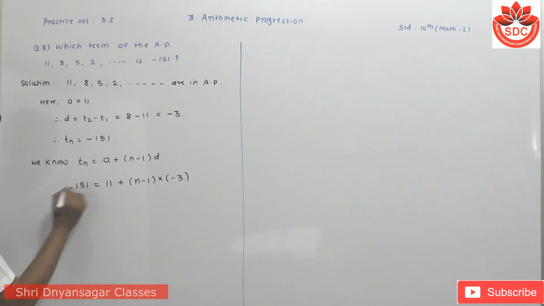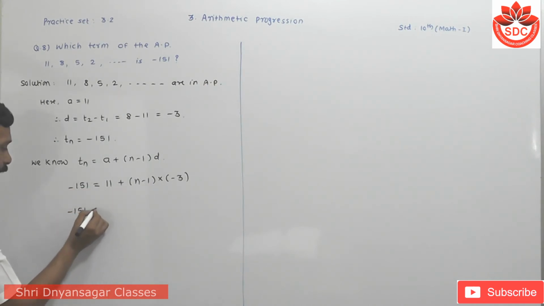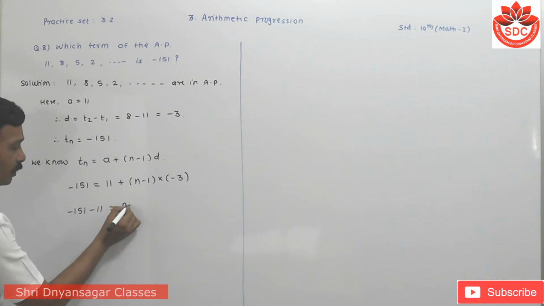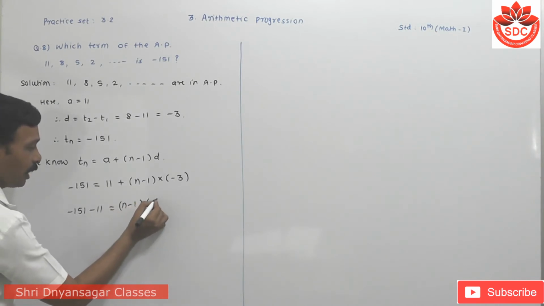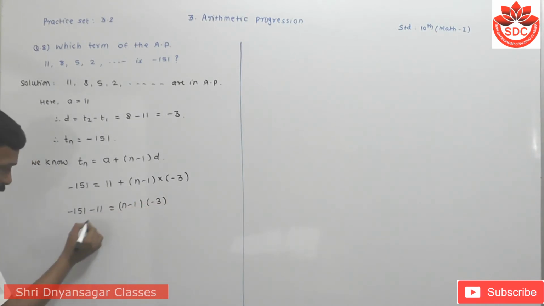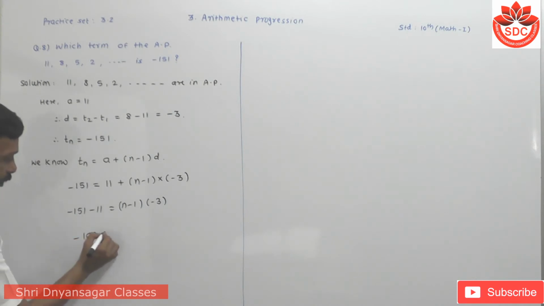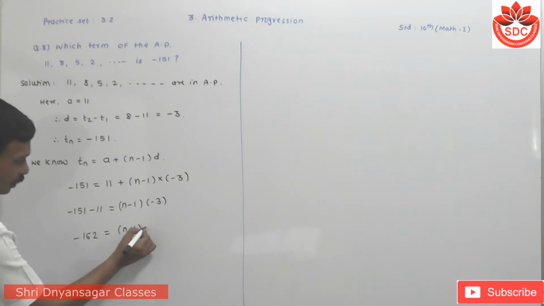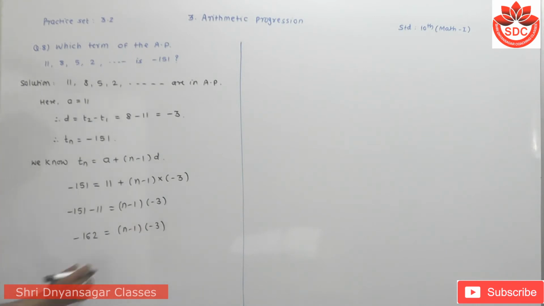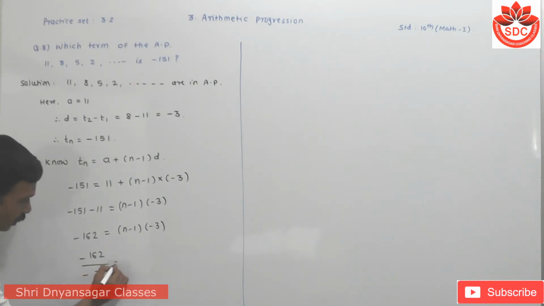Transpose here, minus 151 minus 11 is equal to n minus 1 into minus 3. Addition of these two is minus 162 is equal to n minus 1 into minus 3. Then again this minus 3 goes to the denominator, means minus 162 upon minus 3 is equal to n minus 1.